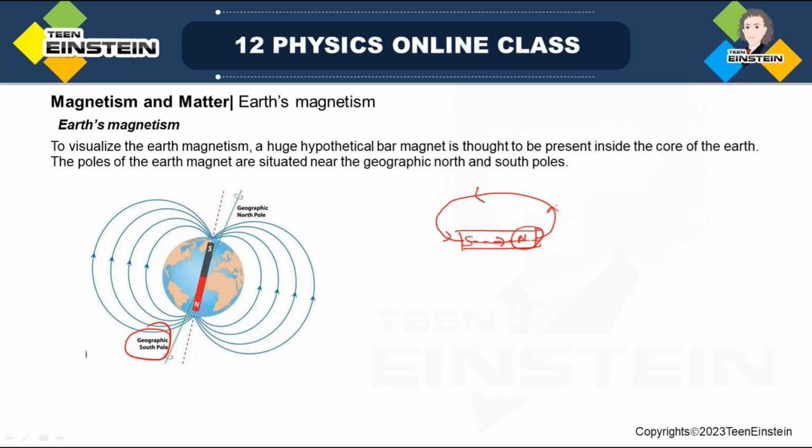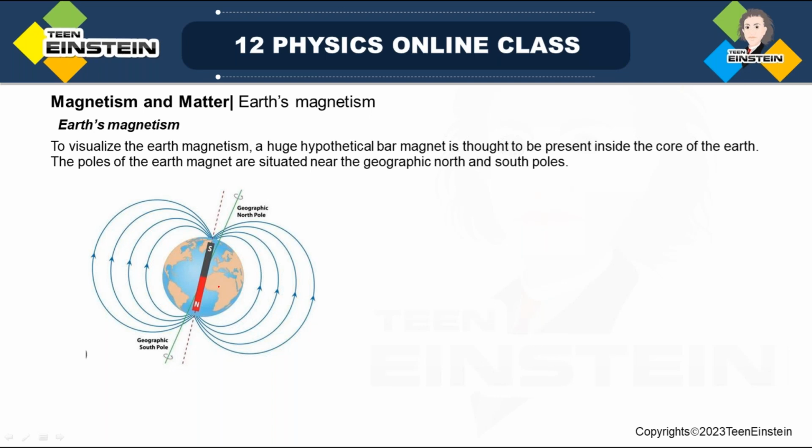That's why the magnetic north pole is situated near the geographic south pole, and the magnetic south pole of the Earth is situated near the geographic north pole. So this is for visualization. We can think that there is a bar magnet inside the core of the Earth.